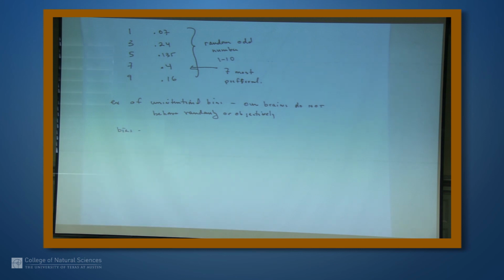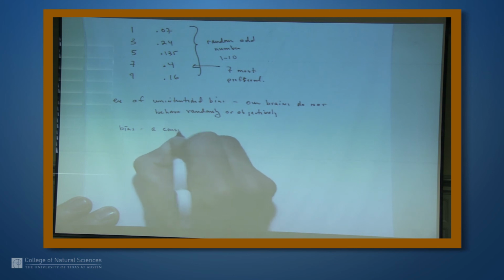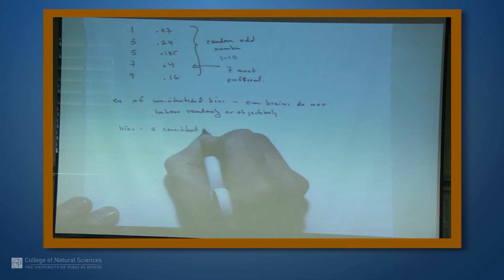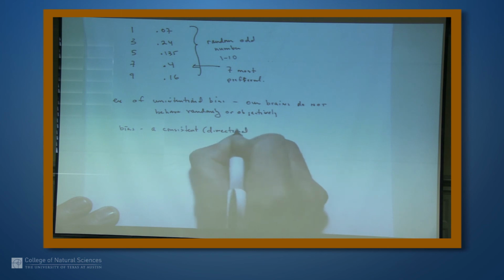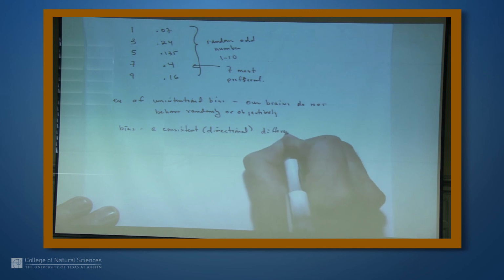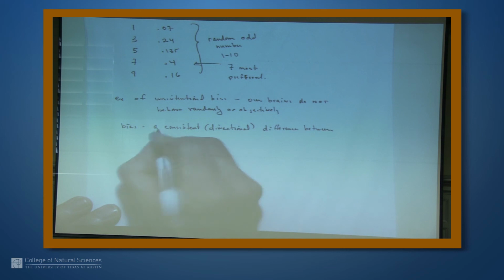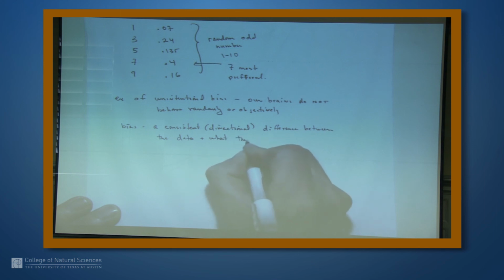And this point won't become obvious until next time, but I want to get it in the notes now. Bias is a consistent, or you can think of it as directional, difference between the data and what they should represent.